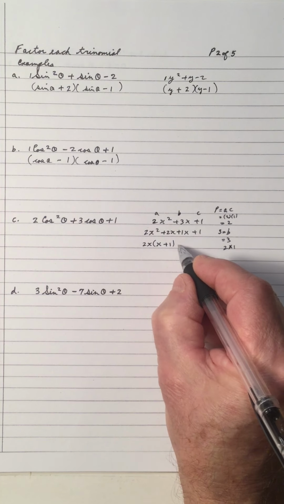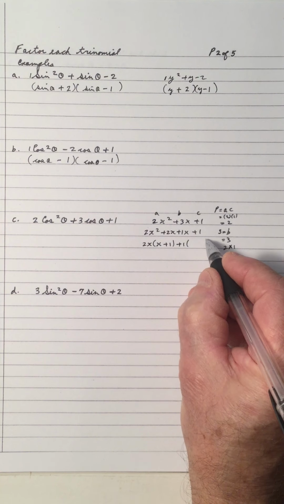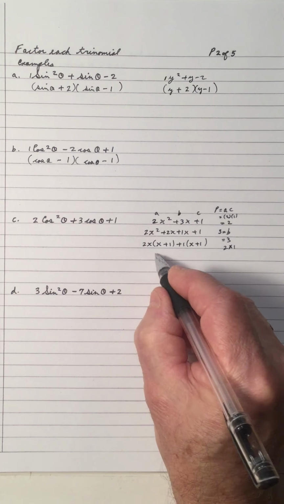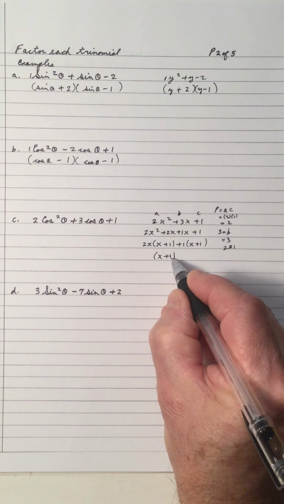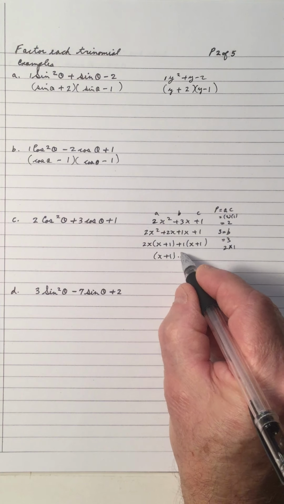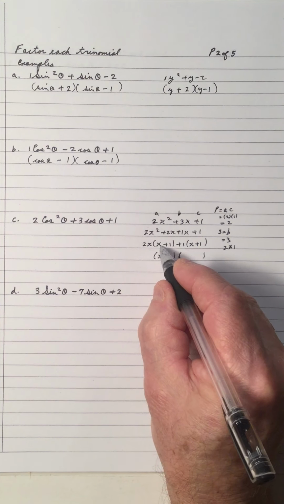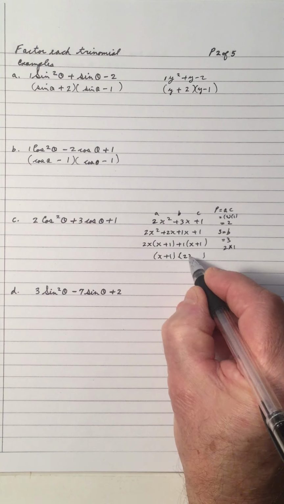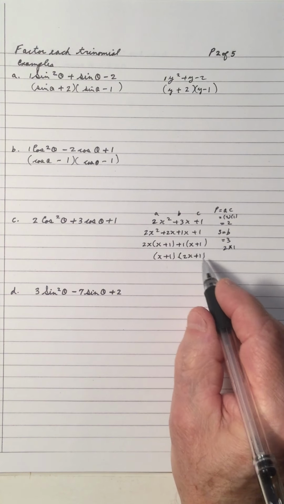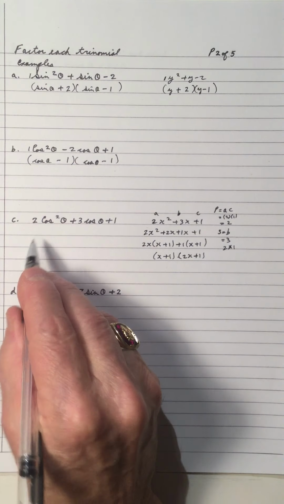The GCF of the second pair is 1, so we take 1 out and get x plus 1. Notice that x plus 1 is common to both expressions, so we take x plus 1 out, and we get a 2x, and from the other we get a plus 1. So that's the factorization.